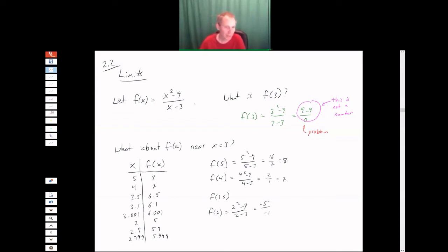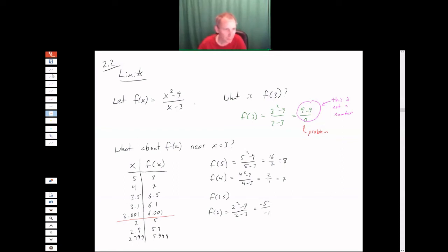When I'm bigger than 3 and getting closer to 3, my f of x values look like they're getting closer and closer to 6. When I'm smaller than 3 and getting closer to 3, my f of x values again look like they're getting closer and closer to 6, maybe from a different direction, but they're still approaching 6.